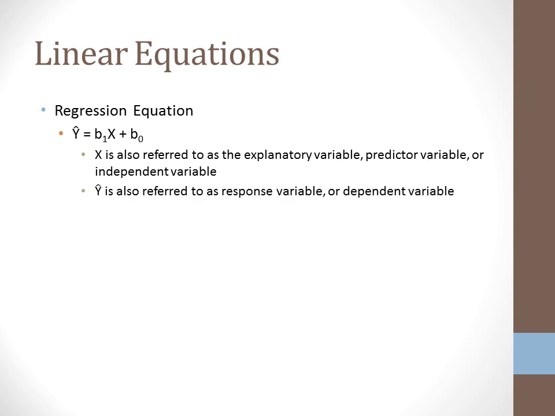Y hat is also referred to as the response variable or the dependent variable, what we're measuring. B sub 1 is considered the slope, and b sub naught or b sub 0 is considered the intercept. This is not to be confused with the slope-intercept form of a typical equation of a straight line, which is y equals mx plus b, where two points on that straight line completely determine the line.